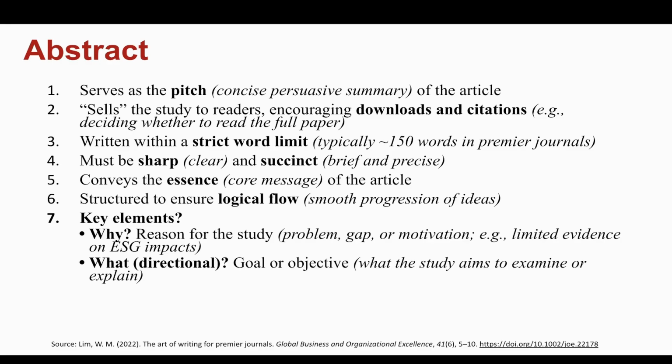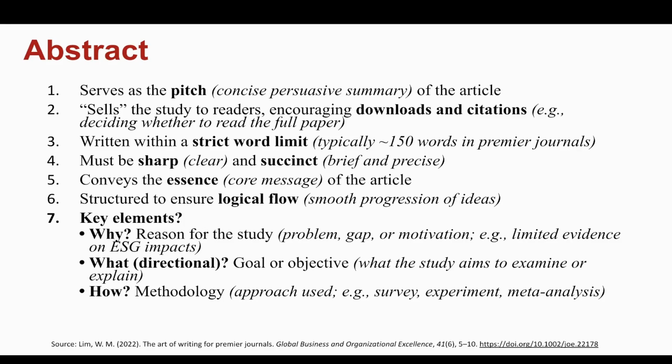Then what? You might be seeing in Emerald kind of journals, they start with purpose, right? So what is the purpose, goal, objective of your study? What does the study aim to examine or explain? We have to state that. How are we planning to do that? If we read the abstract, immediately after stating why the researcher has done it and what they are doing, they will mention what approach or methodology they are adopting, whether it's an SLR.